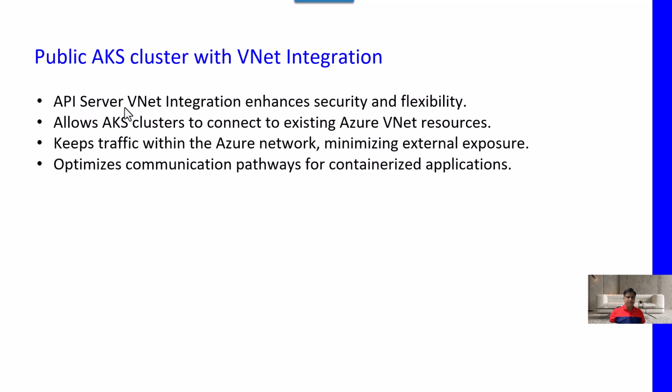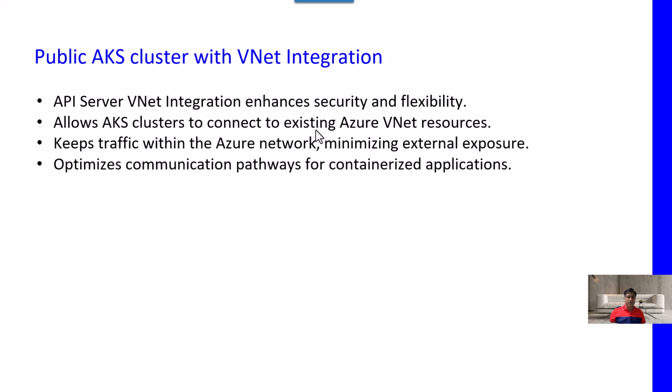API server VNet integration enhances your security and flexibility of deployment. With this approach, the AKS cluster can connect to existing Azure VNet resources. If there are resources already in the VNet, you can connect to them.